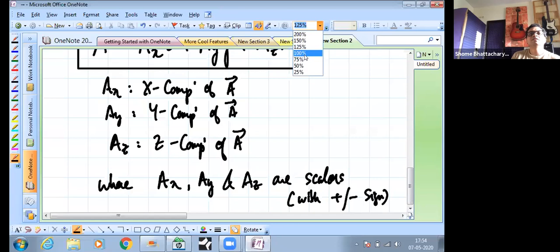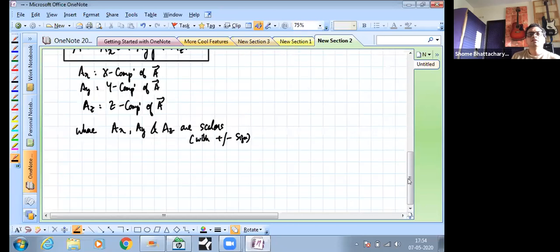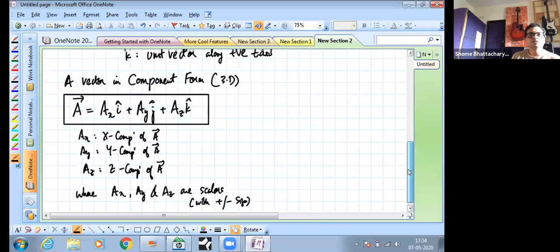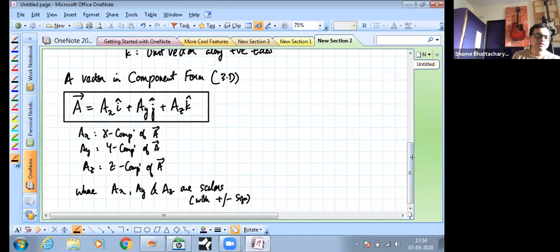Just like in the two-dimensional system, you had the two components Ax and Ay, like that in the three-dimensional system, now we have three components Ax, Ay, and Az.